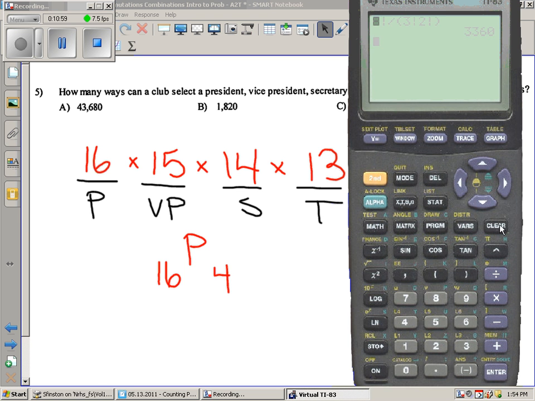Turn it on. Type in 16, math, scroll all the way across. Holy cow. Did you know that? There was 43,000 different ways this could be done. It's the same thing.